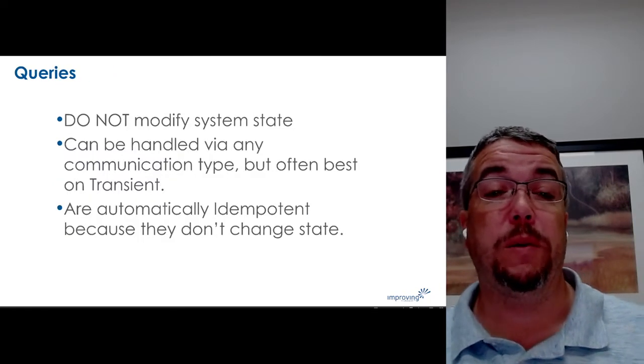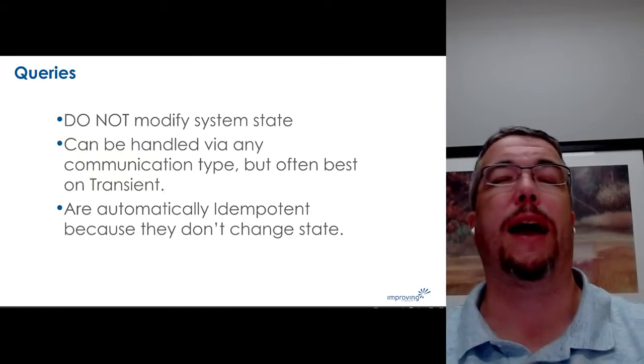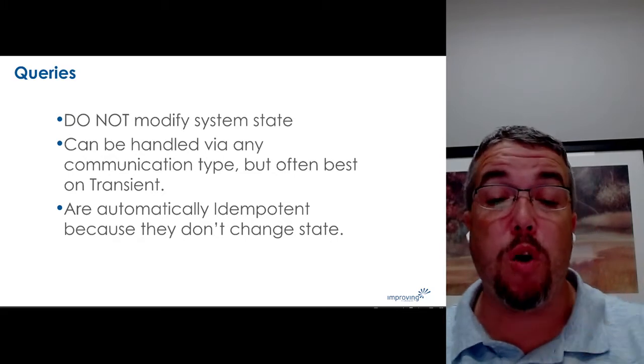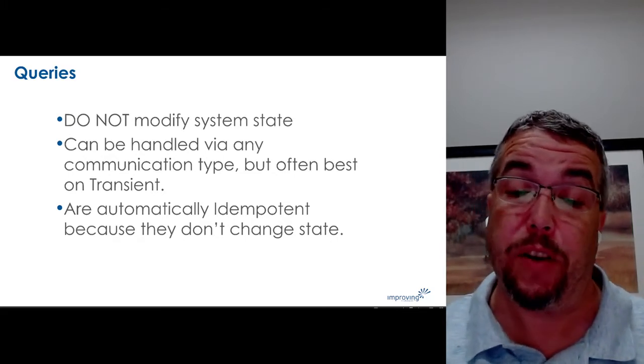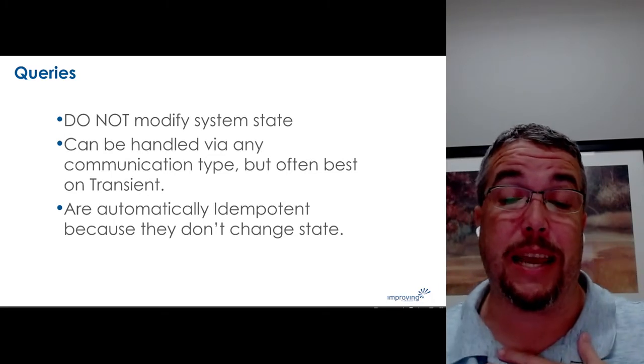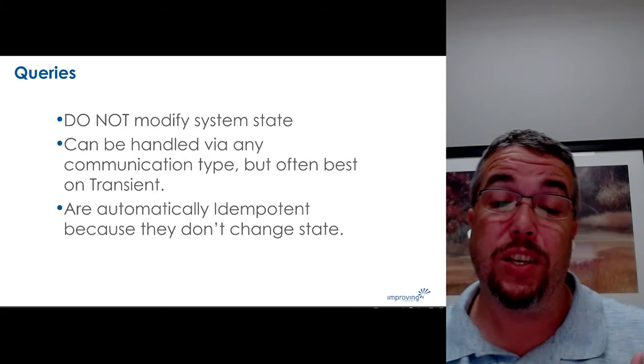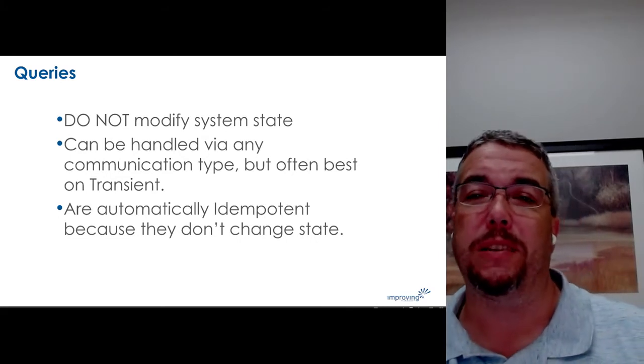Now, when we then talk about the query side of things, the good news here is idempotency happens automatically. All we're doing is reading the state of our system. And if we're reading our system state, obviously that does not change our system state, and as such, it's intrinsically idempotent.